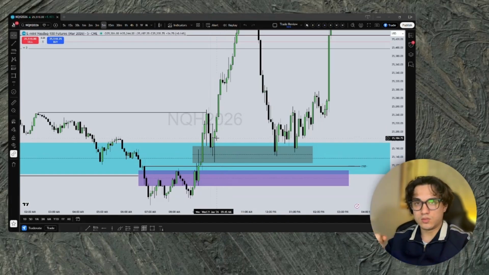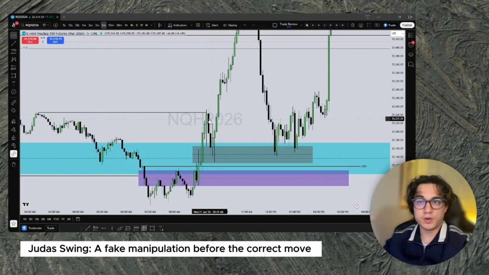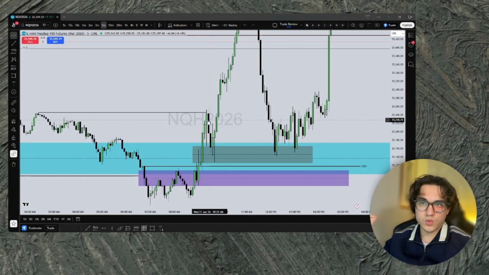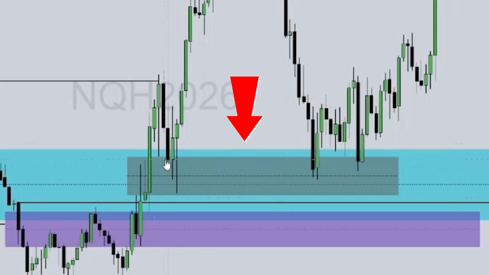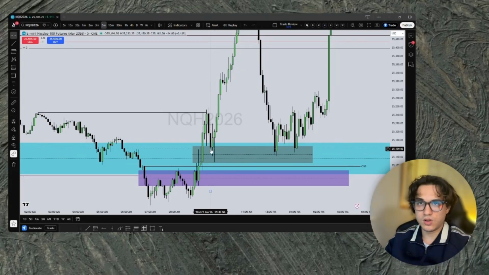But here's where they were wrong. That Judas is usually a manipulation. A Judas swing is where we have a fake move to the opposing end of the actual move. So bearing that in mind, with a Judas to the downside at 9:30, and us holding inside of this 15-minute gap that we formed, we could look for potential longs.